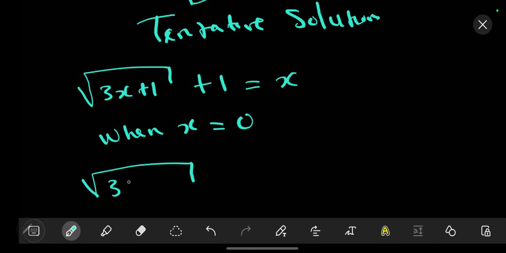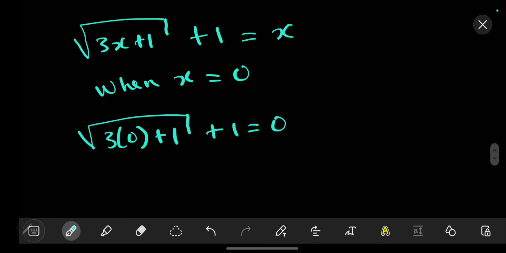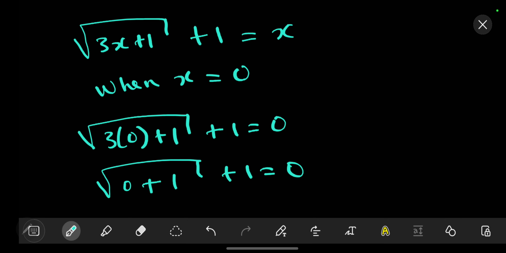So we have 3, then where there is x we put 0, then we have plus 1, then plus 1 should be equal to, where there is x we put 0. So we are testing. So we are going to get a square root of 0. So 3 times that will give us 0 plus 1. Then we have plus 1 should be equal to 0.